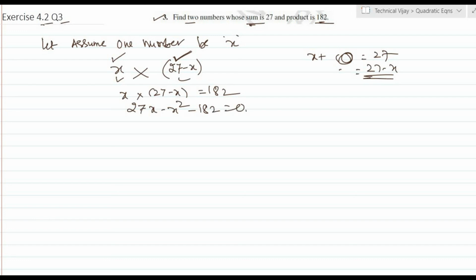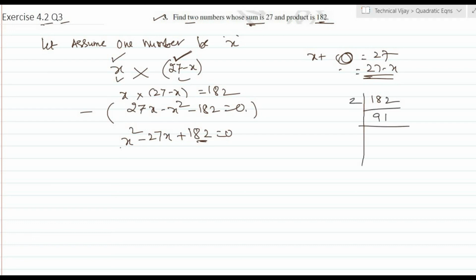We multiply the whole equation by minus, so x square minus 27x plus 182 equal to 0. Now we calculate the factors of 182. 2 nines are 18... so 2 ones are 2, 2 sevens are 14, 7 ones are 7, 7 thirteens are 91, and 13 ones are 13. So the factors are 13, 7 and 2.